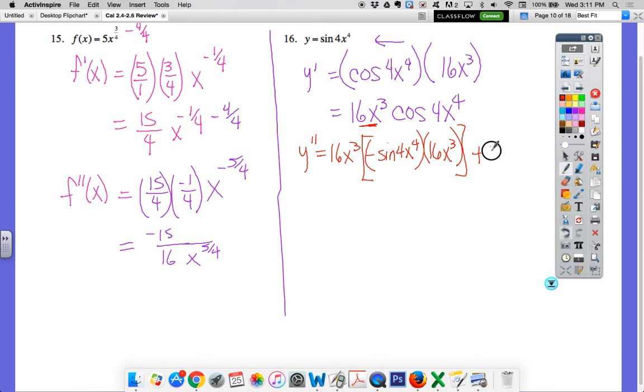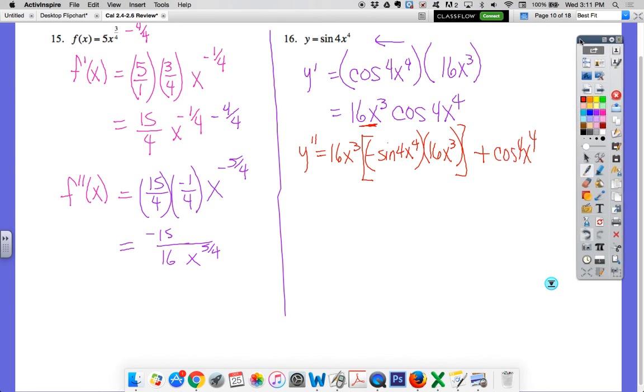You're going to write down cosine of 4x to the fourth, since I did the derivative of the cosine, and I'm running out of room. Here we go. I need to do the derivative of 16x to the third, which is going to be 48x squared. There we go. So trying to clean this up is going to get interesting.